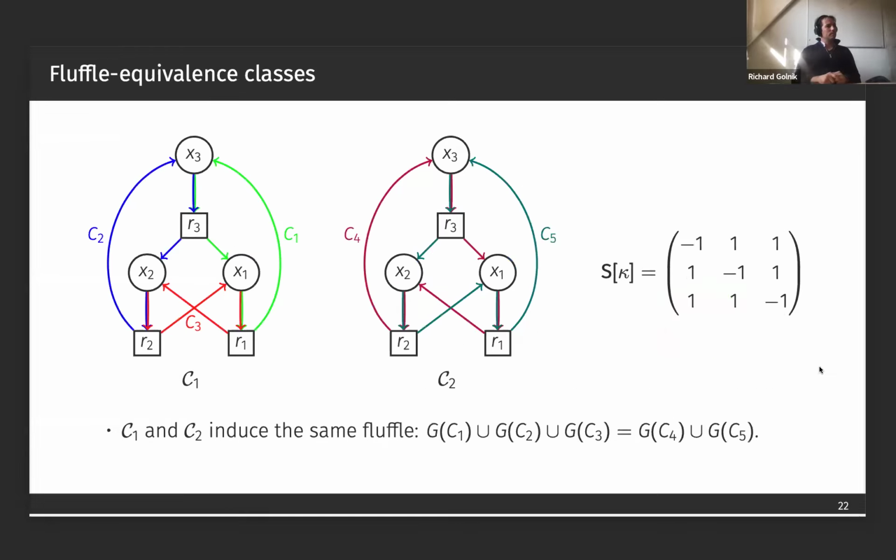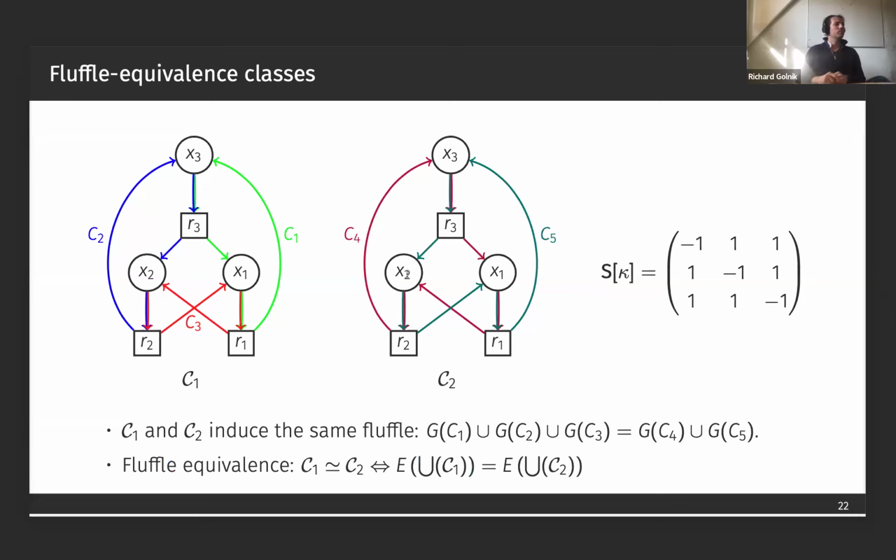The problem is that many circuit nets generate the same fluffle. So for example, here C1 and C2, where C1 is composed of the green, the blue, and red elementary circuit, and C2 is composed of this Bordeaux and this teal elementary circuit, C4 and C5, both gave us the same fluffle.